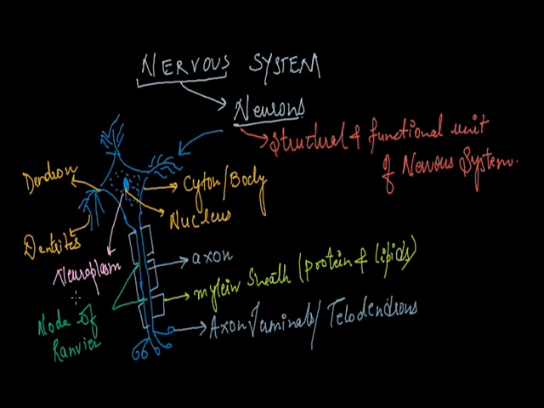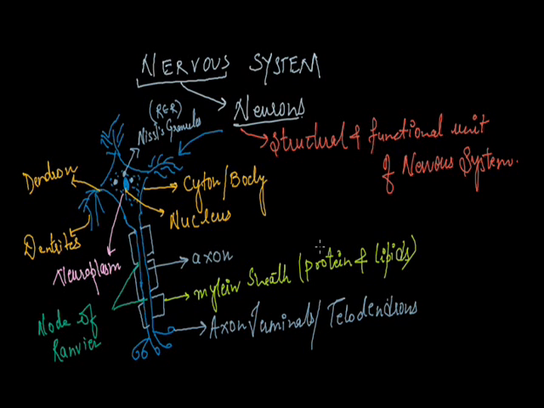So this is a brief structure of the neuron. It is also having the dark bodies. These are Nissl granules. These are made up of RER. So the main function of these Nissl granules is protein synthesis.